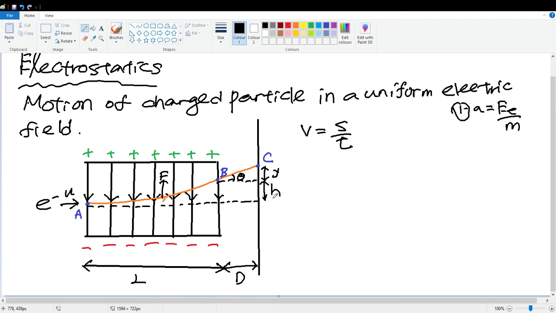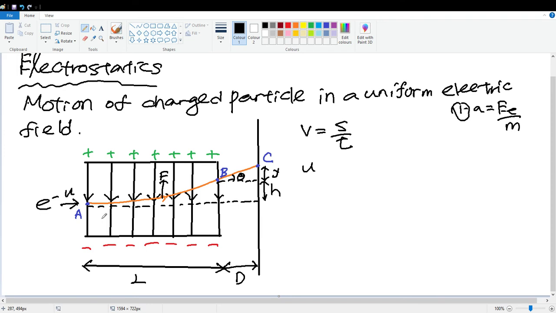In this case, initially we know that the electron is moving with the initial velocity u. This u is in the form of horizontal motion, so while entering this region of the electric field, this initial velocity will be deflected.